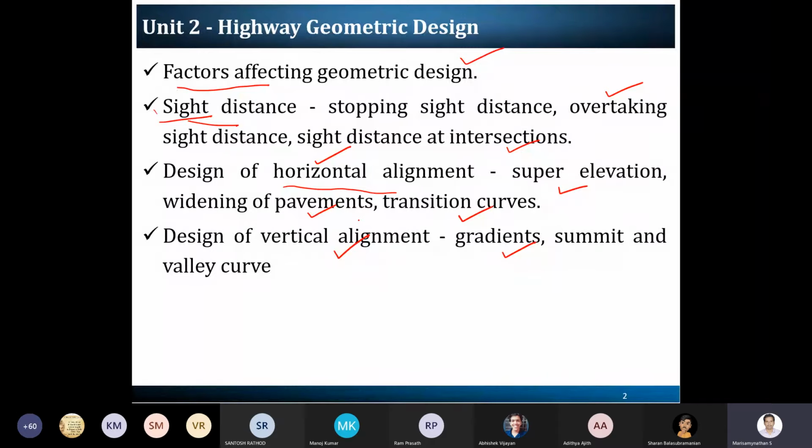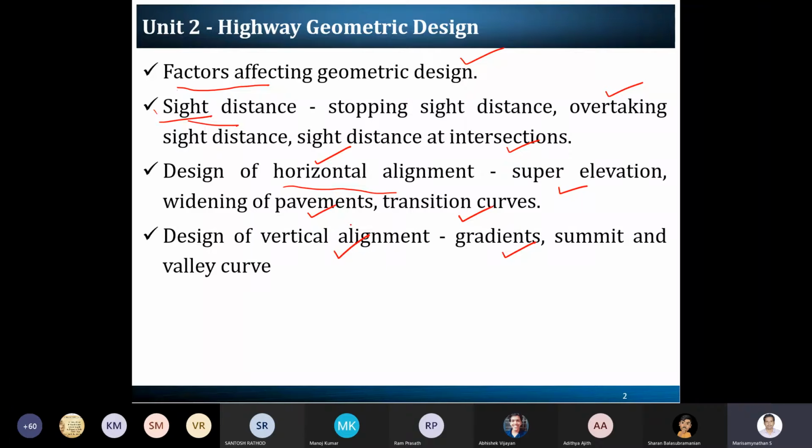So mostly this is also one of the important units where you understand the various design elements and the factors influencing how to design, what the IRC recommendations are, how the calculations happen, and different kinds of problems we are going to see in this unit, which have high scope for your competitive exams.